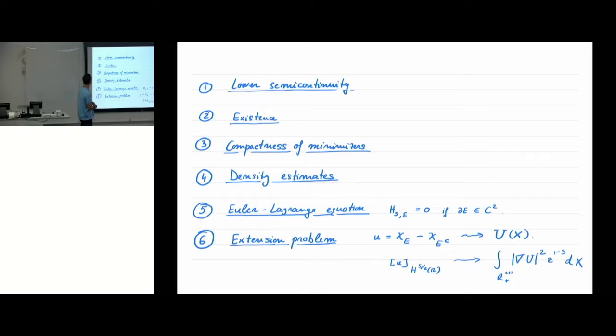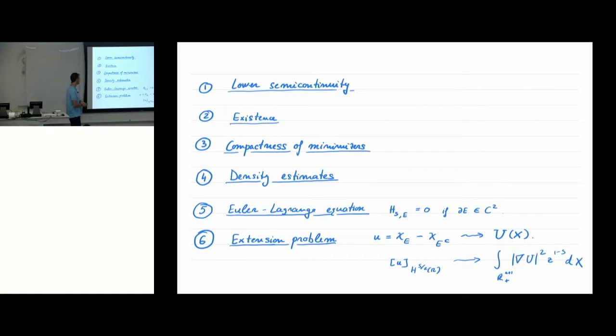Okay, and what did we cover so far? Last time we talked about lower semi-continuity of the perimeter, which allows us to prove existence. Also we have compactness of minimizers, meaning you give me a sequence of minimizers, and also the boundary data outside of omega, they converge to some limiting set, and then the limiting set is also a minimizer.